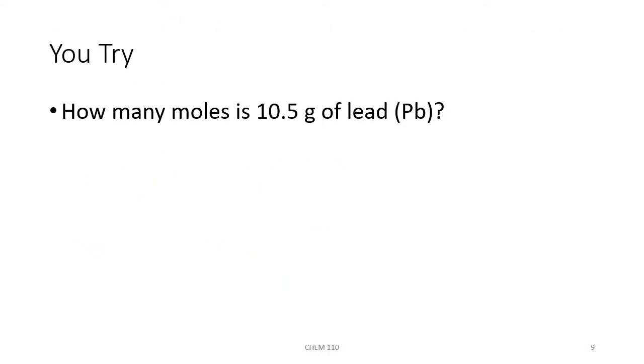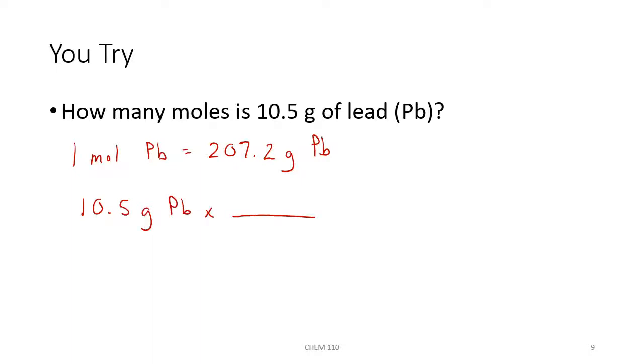How many moles is 10.5 grams of lead? Looking at the periodic table, 1 mole of lead is equal to 207.2 grams of lead. So if we start with our 10.5 grams of lead, we're going to convert using our molar mass.